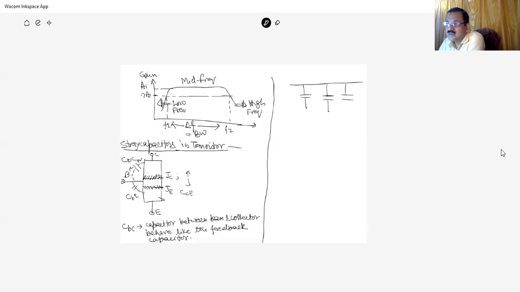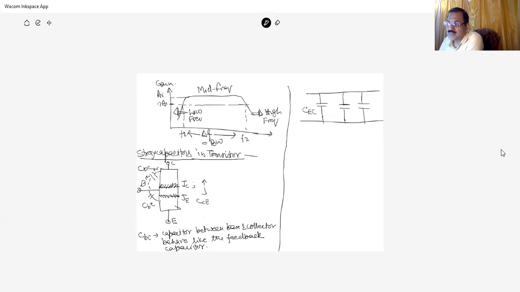These three capacitors, CE, CW, and CI, the input capacitance, and the inter-wire capacitance also, constitute one equivalent capacitor, C equivalent.